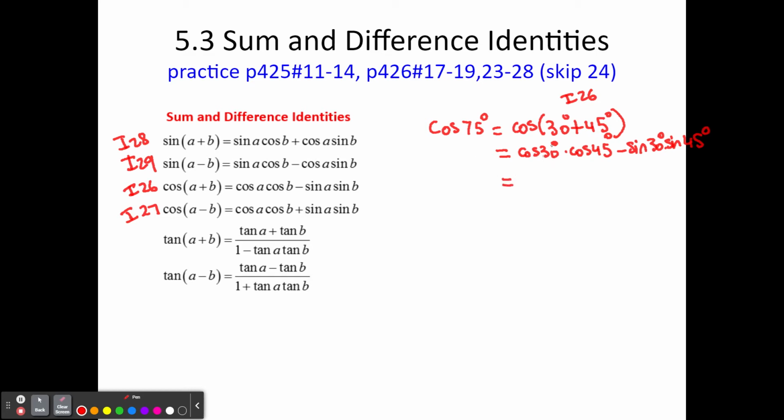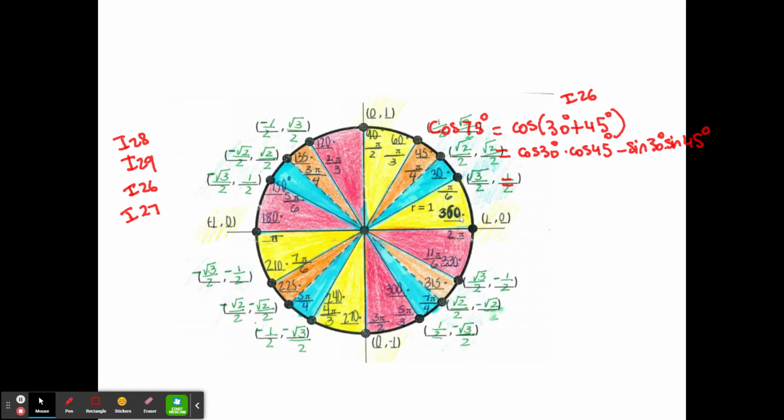Do I know what's the cosine of 30 degrees? Yes, we do. If we go back to our unit circle, we can figure out that the cosine of 30 degrees is square root of 3 over 2. Do we know what's the cosine of 45 degrees? Yes, we do. Do we know the sine of 30 and sine of 45? Yes, we do know both.